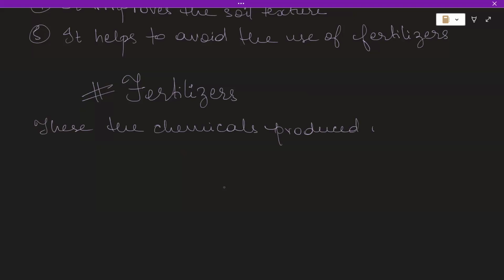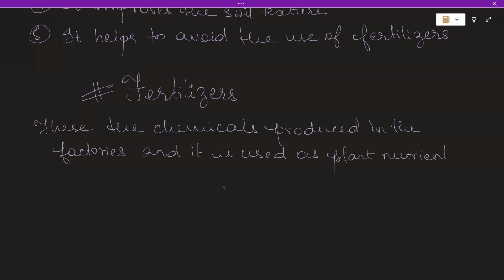This is unnatural. It is a chemical, produced in the factories and used as plant nutrient. It is a very good source of various nutrients.